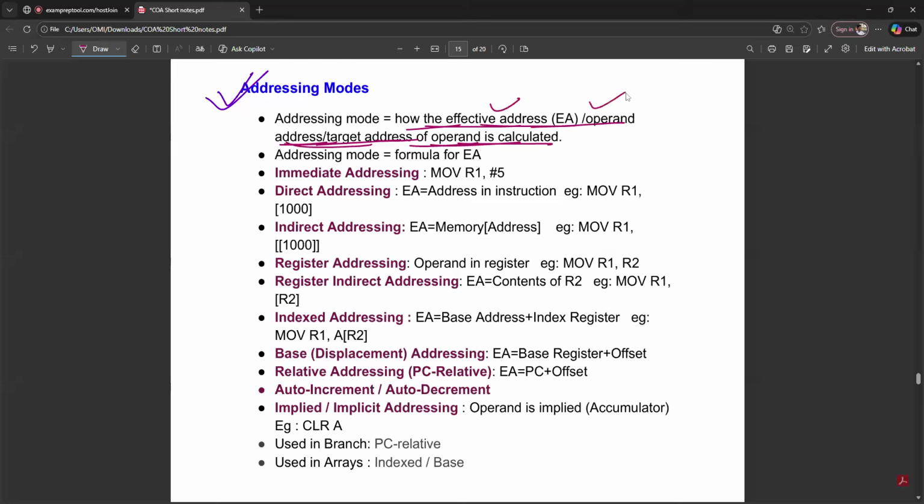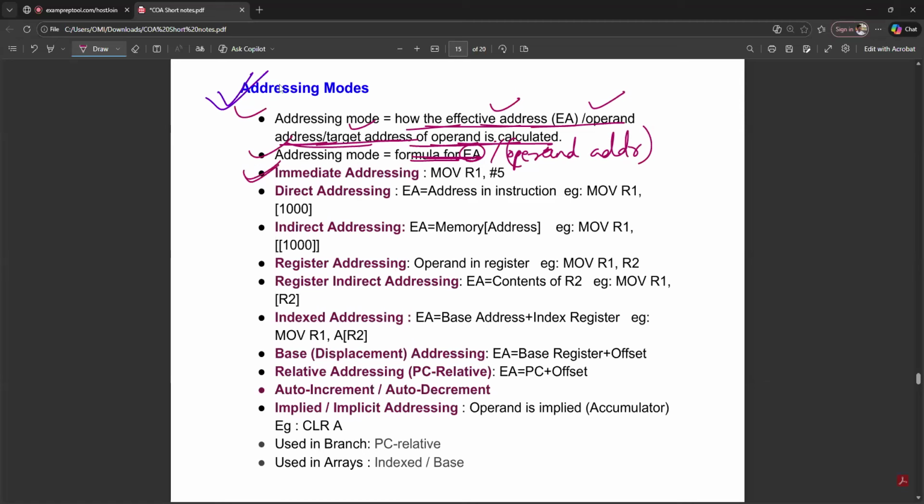It is also called the operand address, also called the target address. So addressing mode is the formula for the effective address, the formula for the operand address, which means how the address of the operand can be calculated. What is the formula for it? That is called the addressing mode.